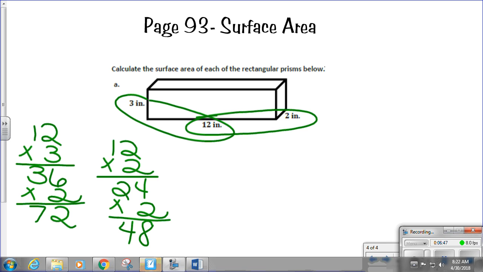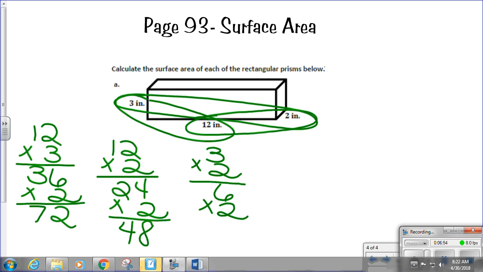And find the last two numbers. 3 times 2 is 6. 6 times 2 is 12. And what will I do with those three numbers?